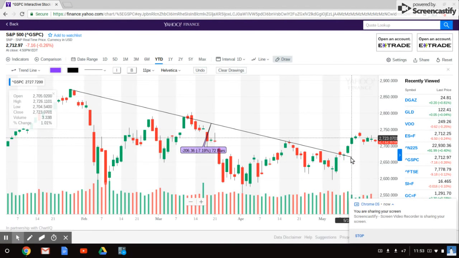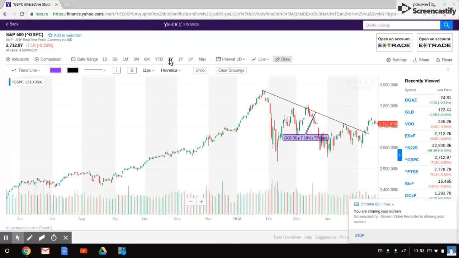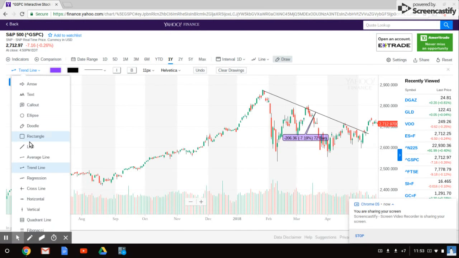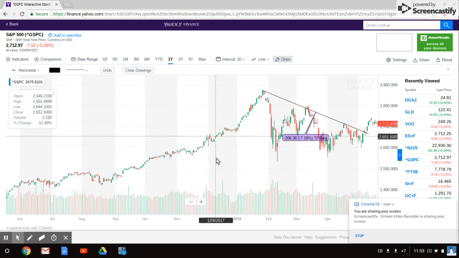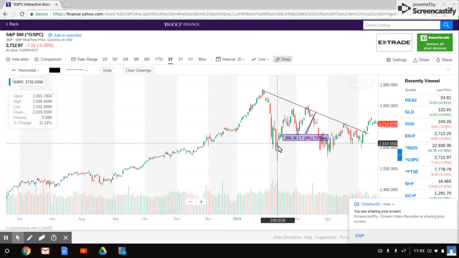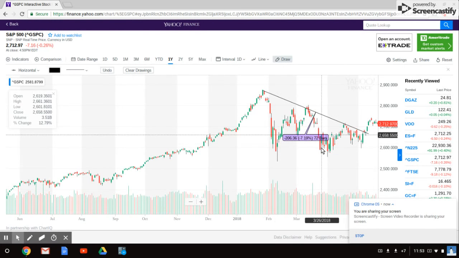You can see that, let's move back a little bit. Well, we've been trading for quite a while. And it's funny how we all saw this, all the traders on the site, we saw this together. We saw 2600 hold.